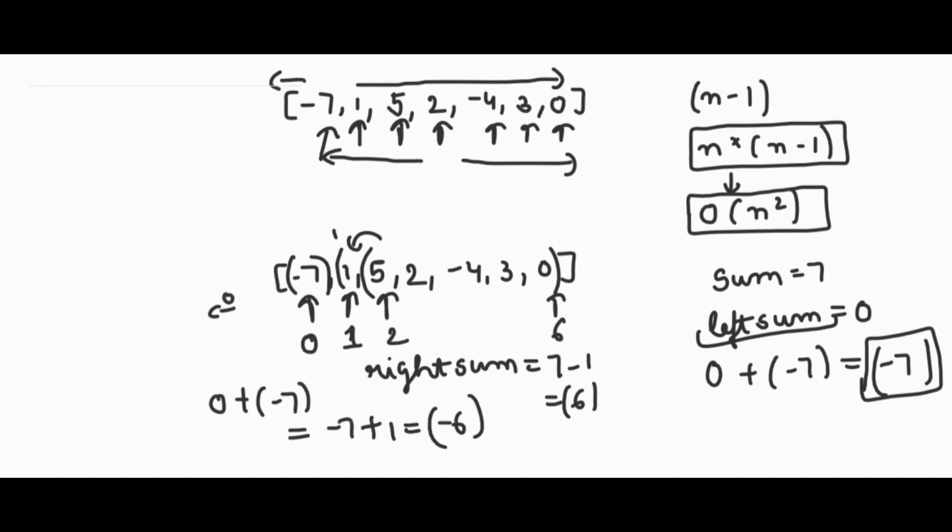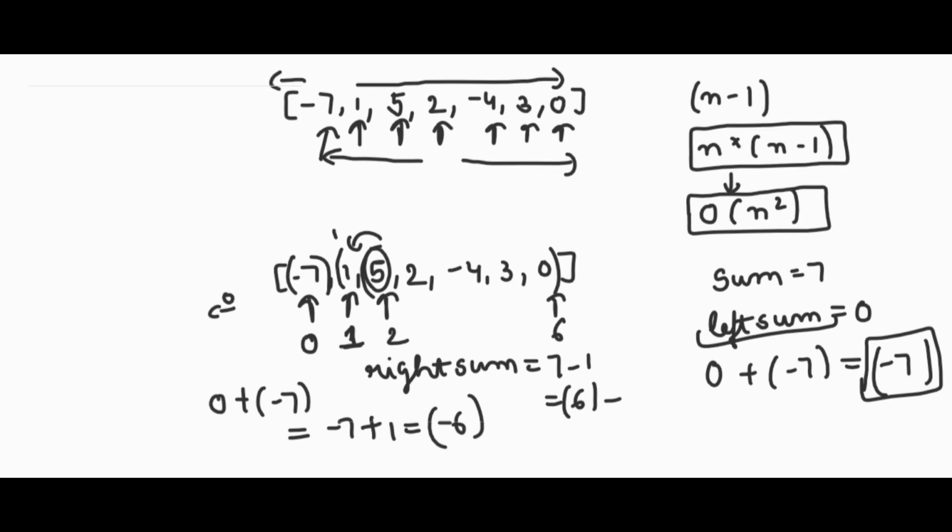So the left sum for index 2 will be minus 6, and to calculate the right sum, we subtract the current element from the previously calculated right sum of the previous index. That means if we are calculating the right sum of index 1, it gives us the sum from index 2 to 6.